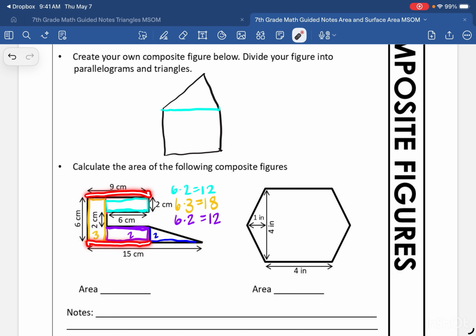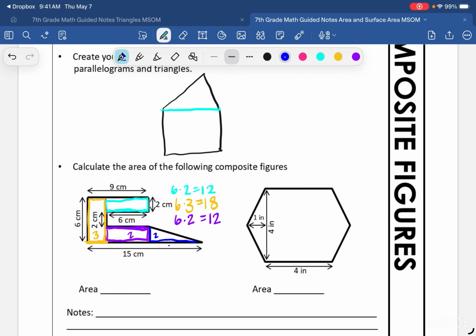So 15 minus 9 will give me 6. And so I can go 6 times 2 divided by 2 because it's a triangle, and that's going to give me 6. Now I'm going to sum those all up to get my total area, and that's going to give me 48 centimeters squared.